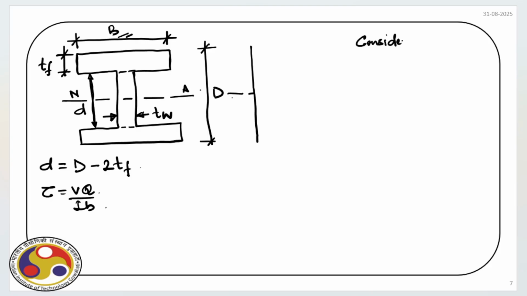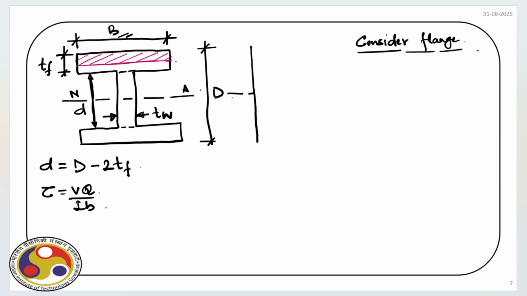Now for that, we have to first consider flange. And let us take a fiber which is here, and let us first consider this part of the area within the flange.